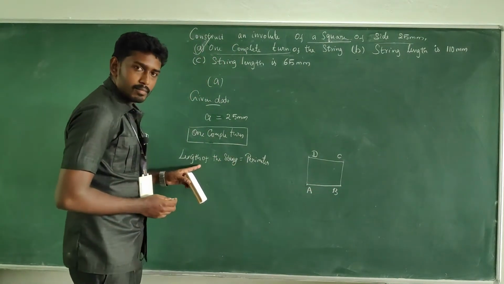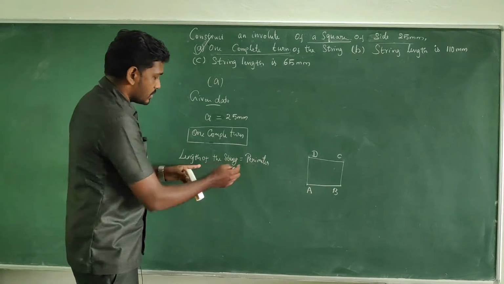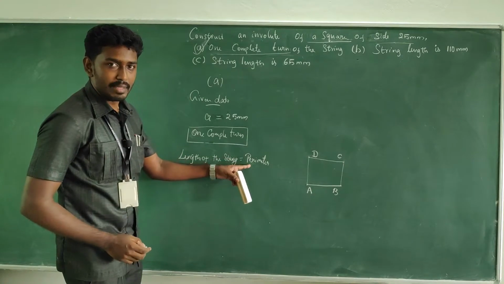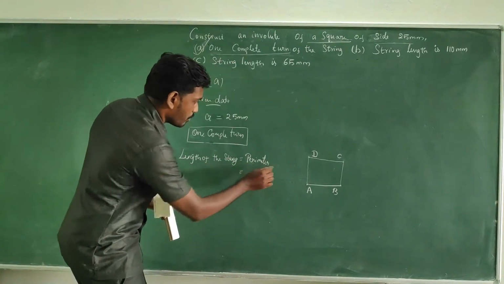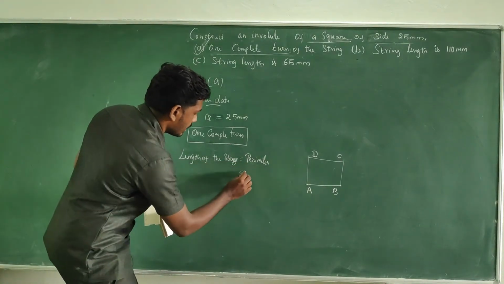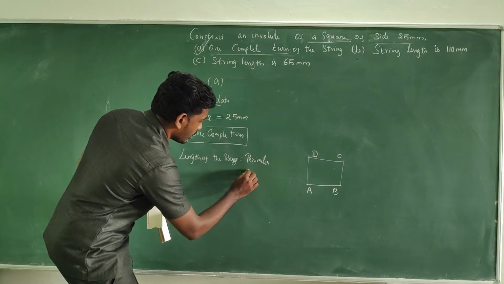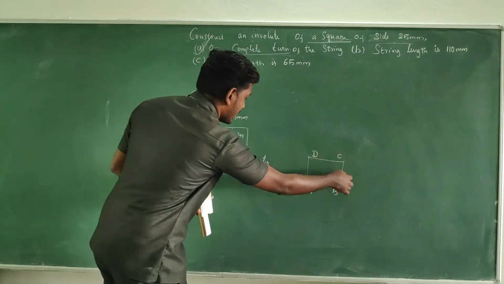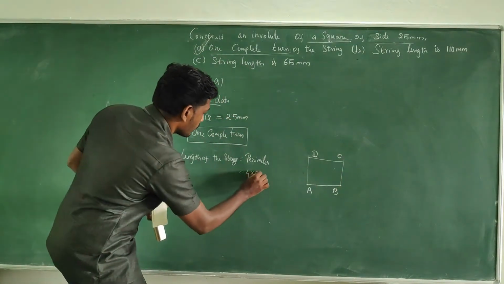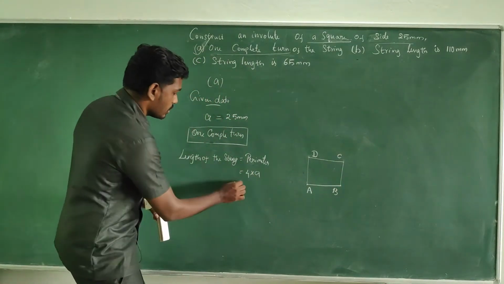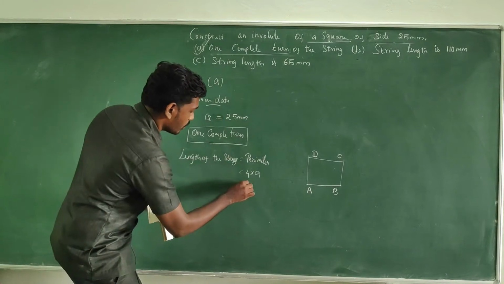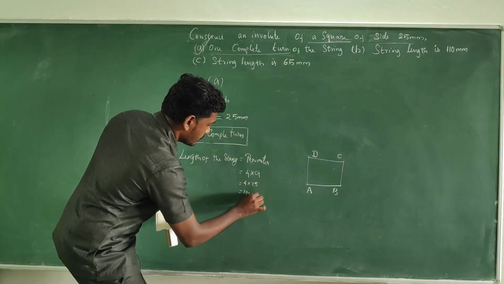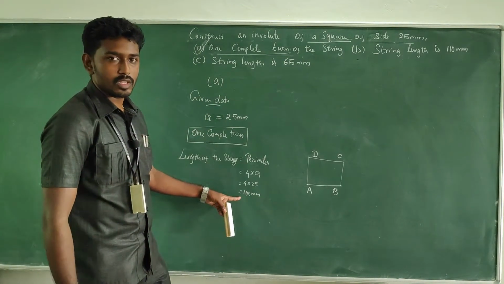The same we are going to take here. The length of the string is just equal to the perimeter. The perimeter of the polygon is the number of sides times the distance. Here it is 4 sides, so 4 into 25, we get 100 mm.